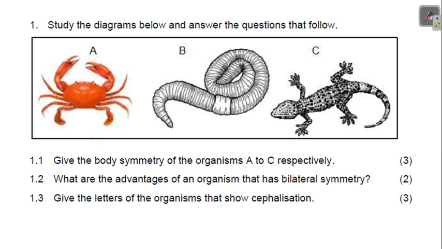What are the advantages of an organism that has bilateral symmetry? Give the letters of organisms that show cephalization. Pause this video and do the activity, and then we'll come back for corrections.